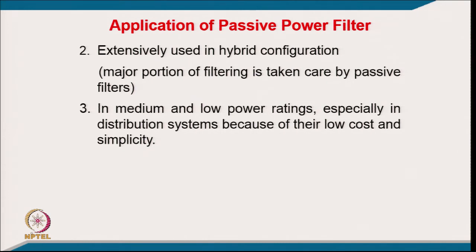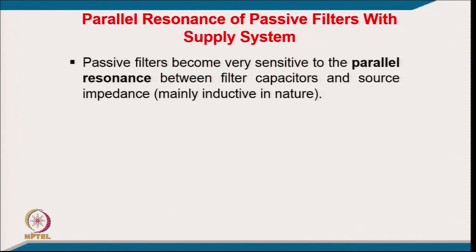Then in medium and low power ratings, especially in distribution systems, passive power filters are used because of their low cost and simplicity. One of the major problems with passive power filters is the parallel resonance with the supply system. We will explain why this happens with examples later on, but I can explain it briefly.